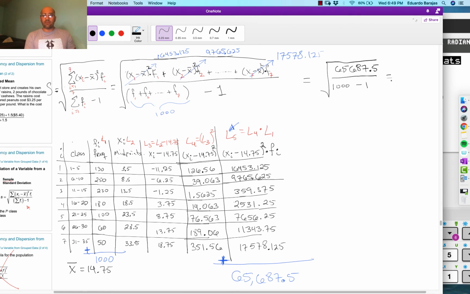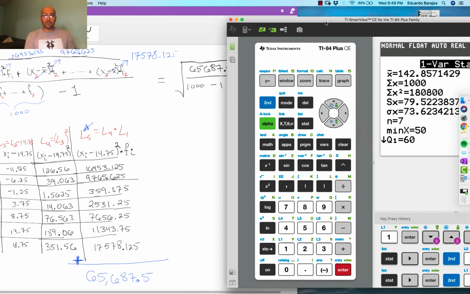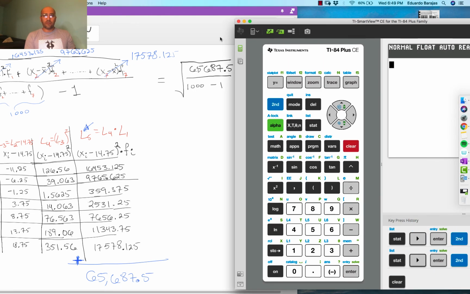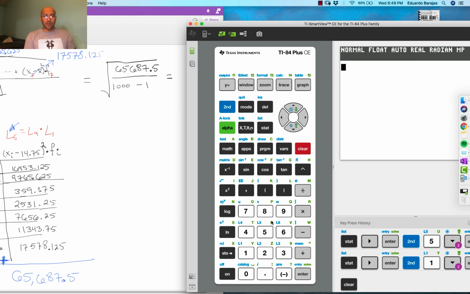Well, this last part is easy enough to just do with our calculator now. Let's go over here. So clear over there. It's going to be 65687.5 divided by 1,000 minus 1, which is 999.